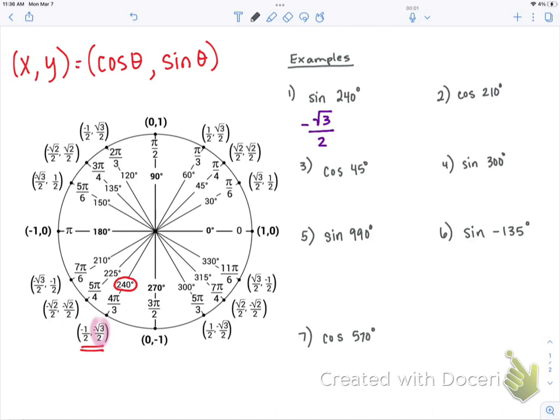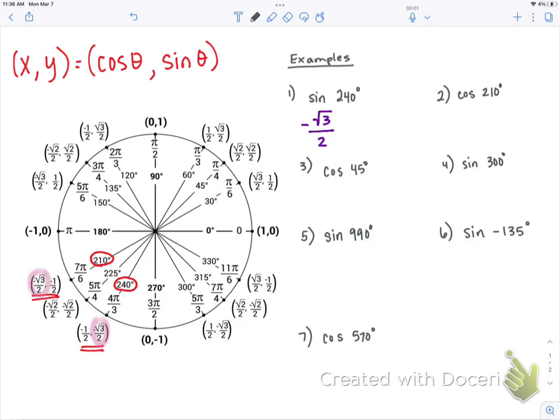All your answers should be in either whole numbers or fractions. There should be no decimals when you're solving these because we're using the unit circle values that are on here. Cosine of 210. So again, we're going to go to 210 right here. Looking at our ordered pair, we want cosine, which is the x value.